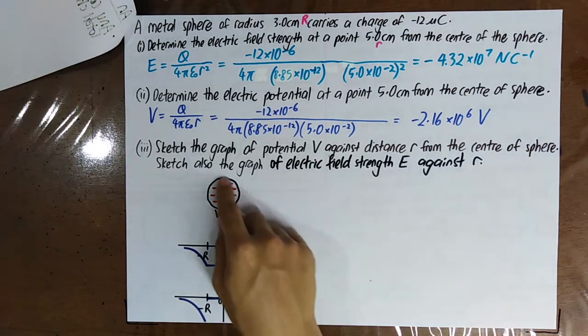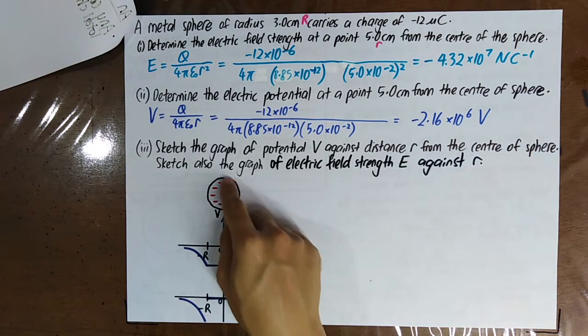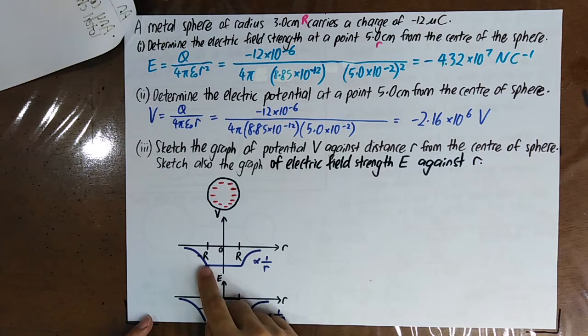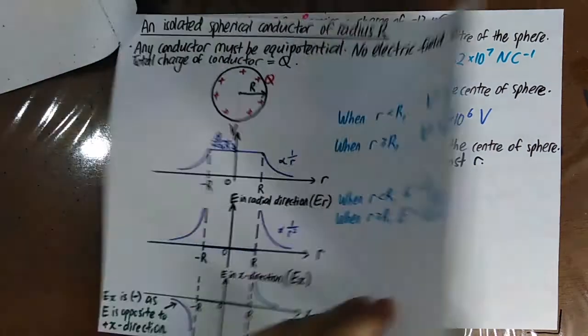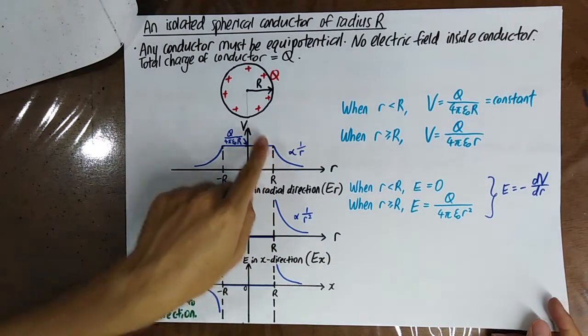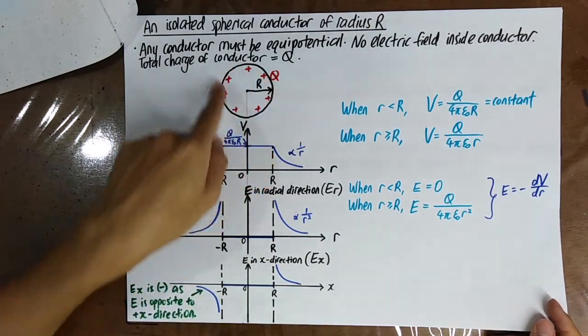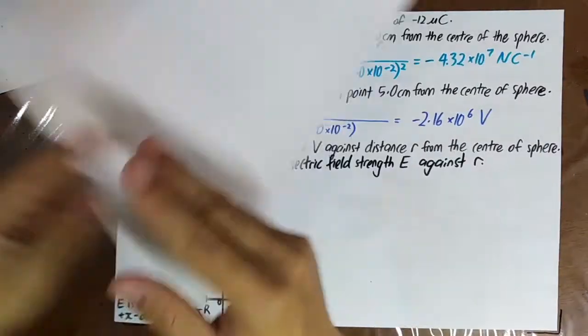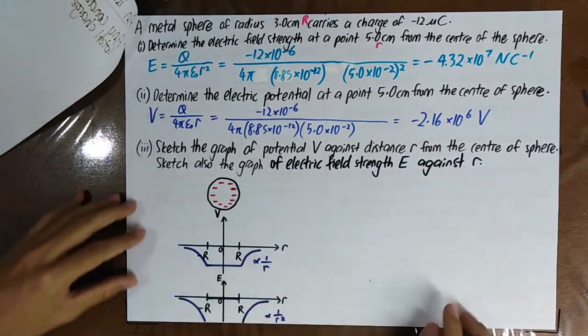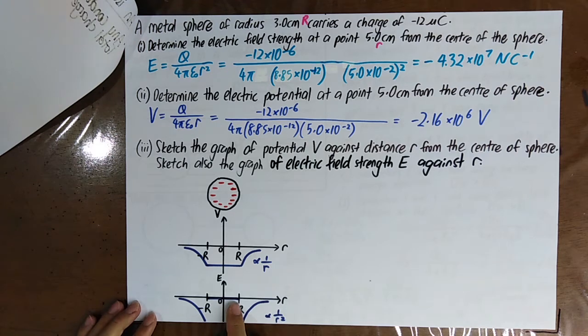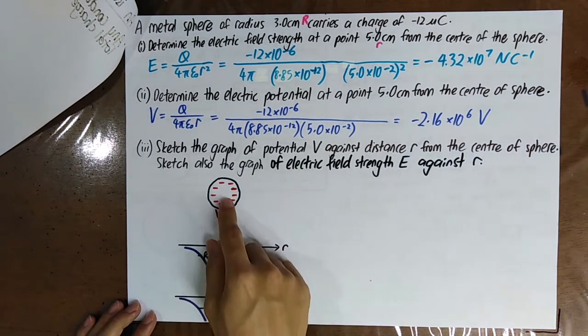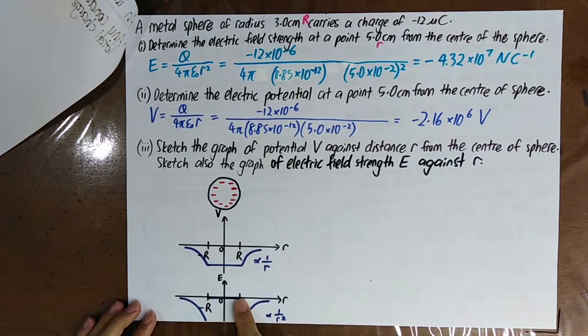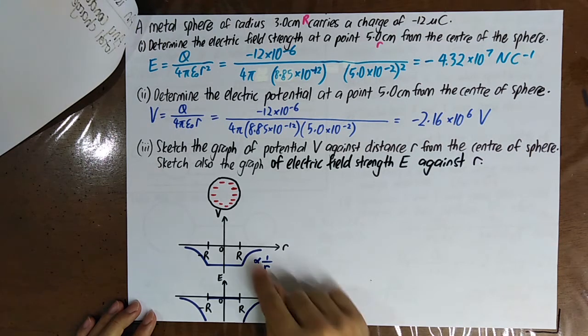So you know that because this is negatively charged, therefore the potential is negative. Just now it was positive because the conductor was positively charged. Alright, so once again, the electric field inside the conductor must be 0, and then it increases more sharply than this.